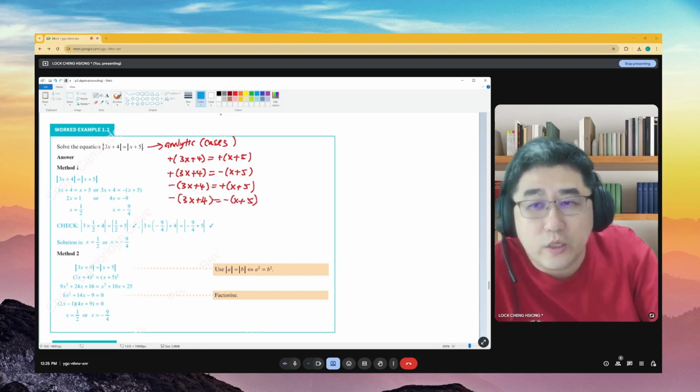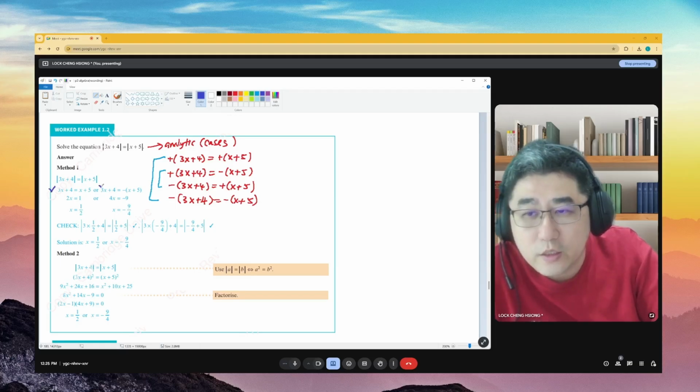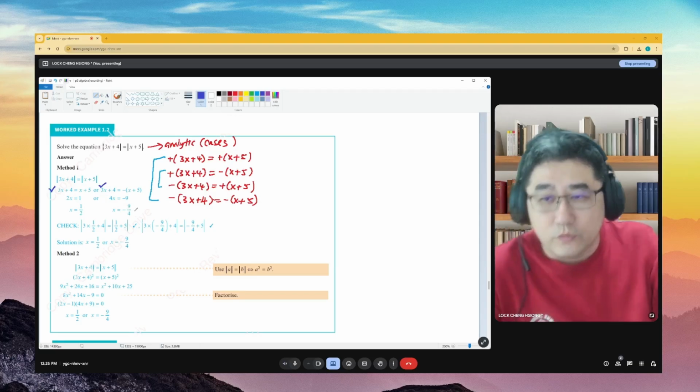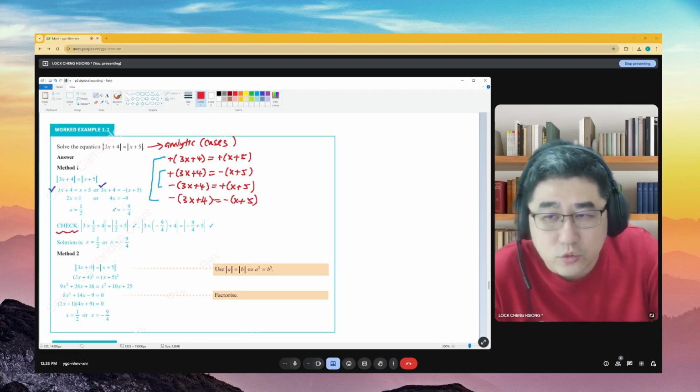You will see that these two are the same, so in the end it's just two cases. Solve it, and we have 1/2 and -9/4.